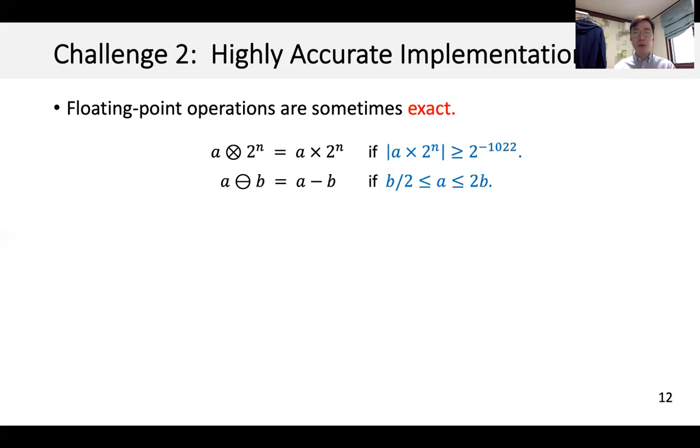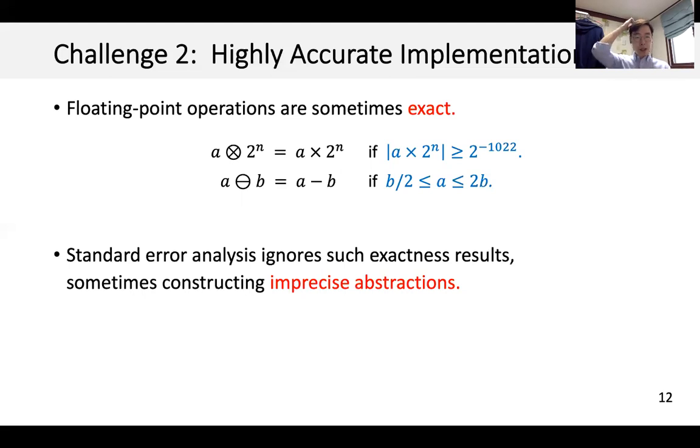If two numbers are within a factor of 2 of each other, then the floating point subtraction is equal to the mathematically exact result, so it does not introduce any rounding errors. The floating point experts who implement floating point libraries use this kind of exactness result to get highly accurate implementations.